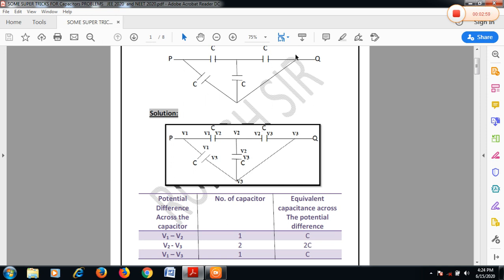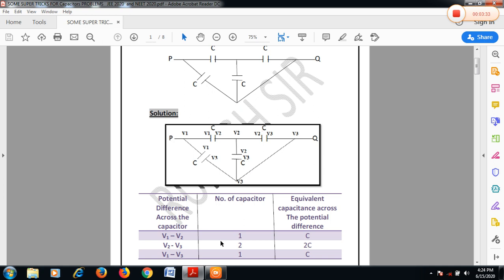All these are potential points. Since this point and this point are shorted, here we also have the potential V3. Now we have tabulated all the capacitors with regard to the potential across them. Let us have a look at this table.